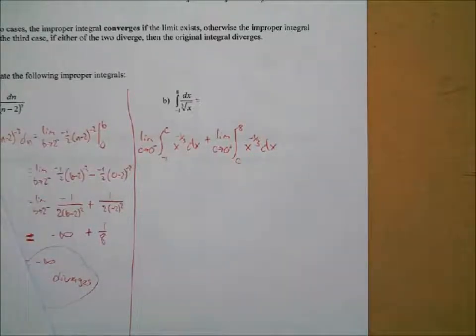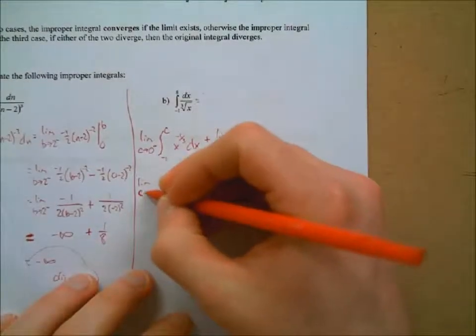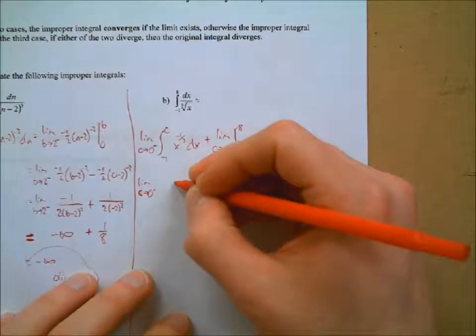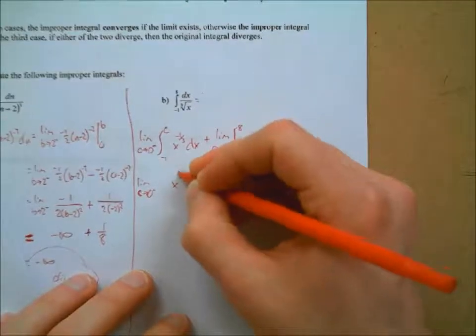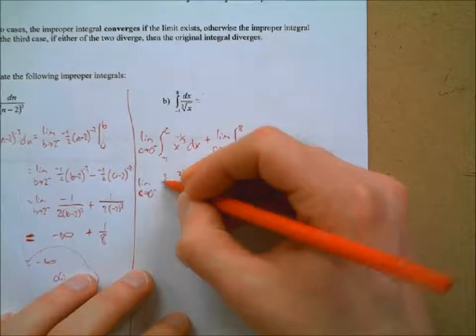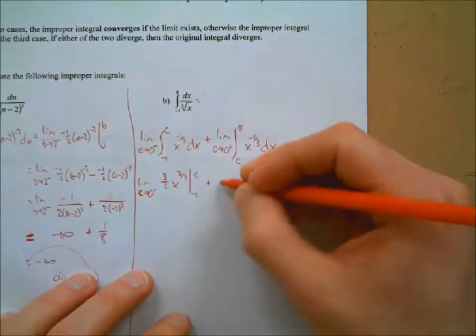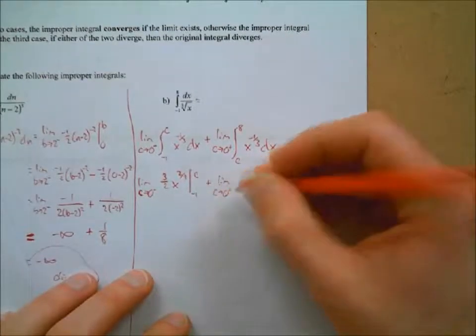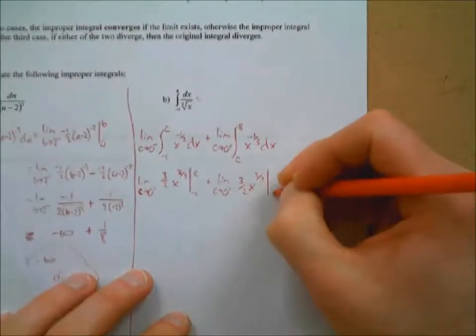Thankfully, this integrates easily for us. So we still have to write the limit as C approaches 0 from the left to 0 from the right kind of thing here. And so we get x to the, let's see, add 1 there, so you get 2/3 and a 3/2 up front. Okay, C to 8.